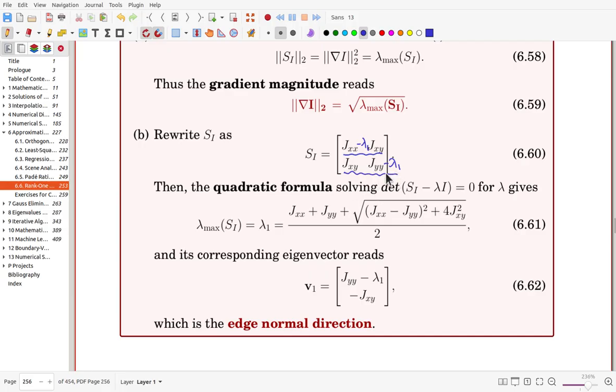We choose this one for the first component, and for the second component we choose the negation of that one. Then the dot product with this row will be 0, so it is orthogonal to this row, and if it is non-zero, it can be the corresponding eigenvector. This eigenvector represents the edge normal direction.